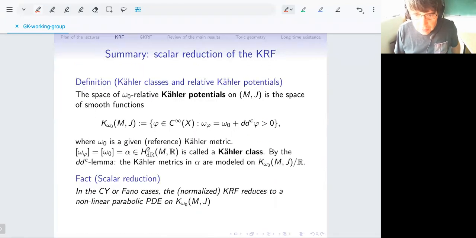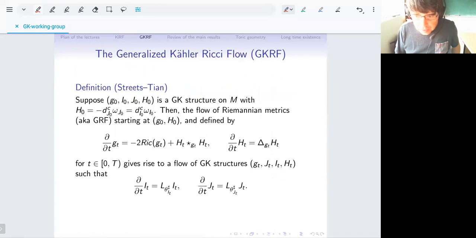Okay. So where we are, yes. We now want to see what we can do with the generalized Ricci flow. The generalized Ricci flow, let's just recall briefly, has been discussed a lot in this seminar. But you can think of it precisely as we did in the Kähler case. You start with something which is essentially a Riemannian metric.